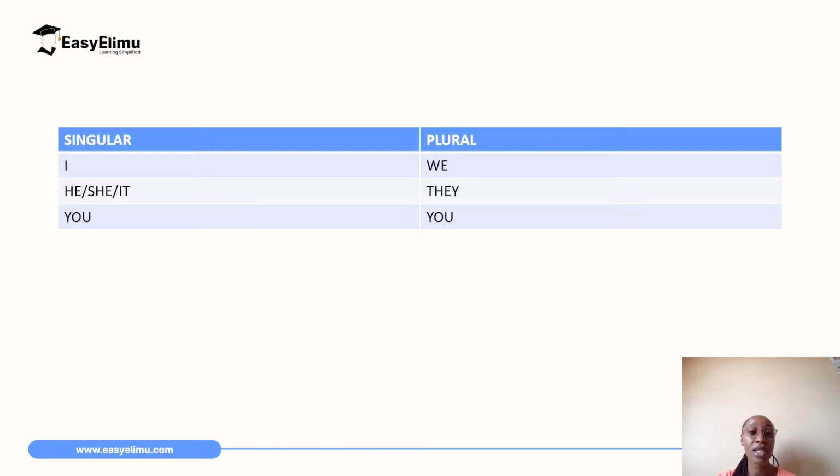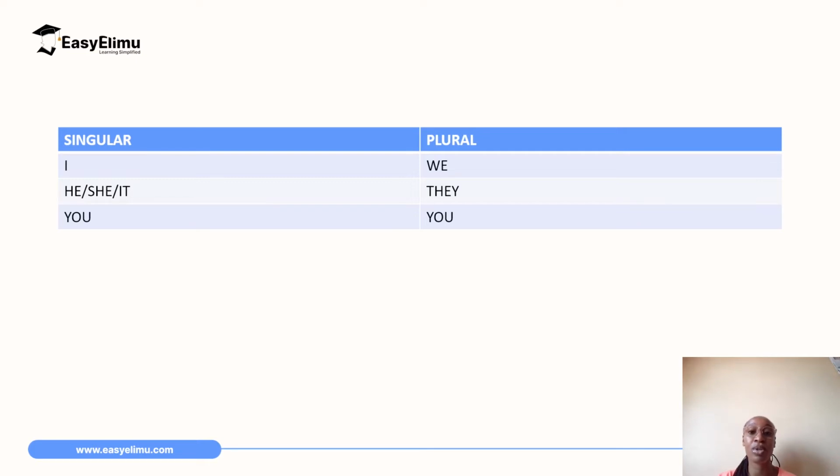So I is singular and its plural is we. He, she, or it is singular and the plural is they. And you is singular and also in plural it remains as you. So we can construct a few sentences.